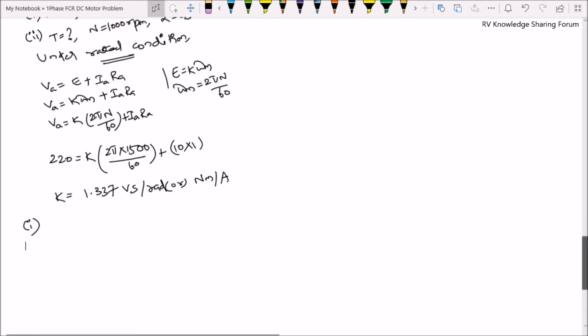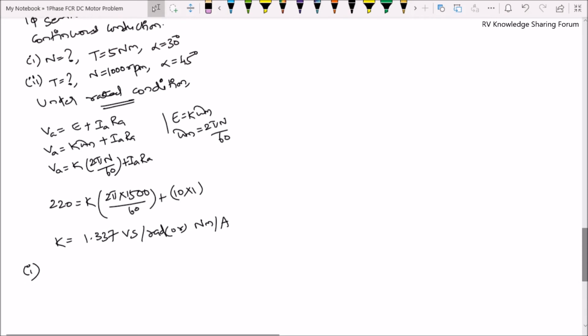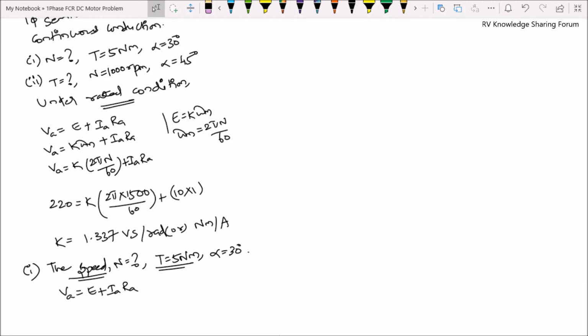Now let us find the first one, in which we have to find the motor speed n for the conditions torque equal to 5 Newton meter and firing angle alpha equal to 30 degrees. Here the motor equation is VA is equal to E plus IA RA.